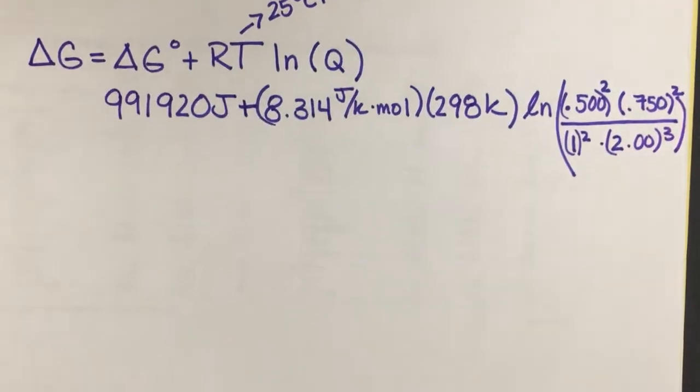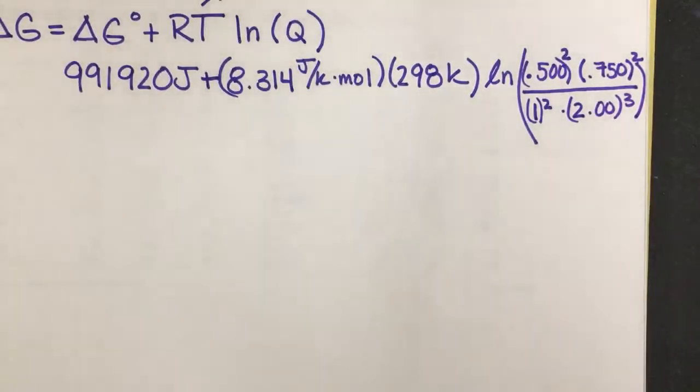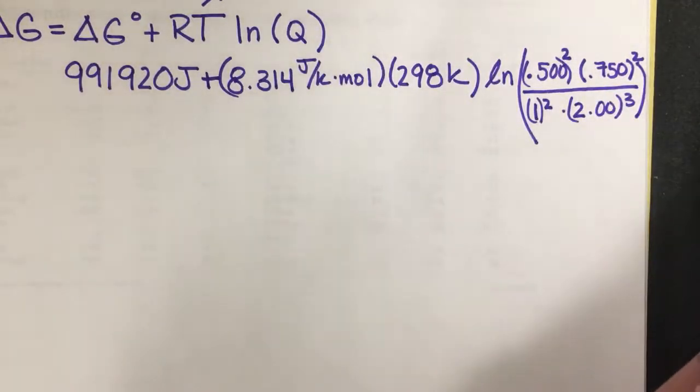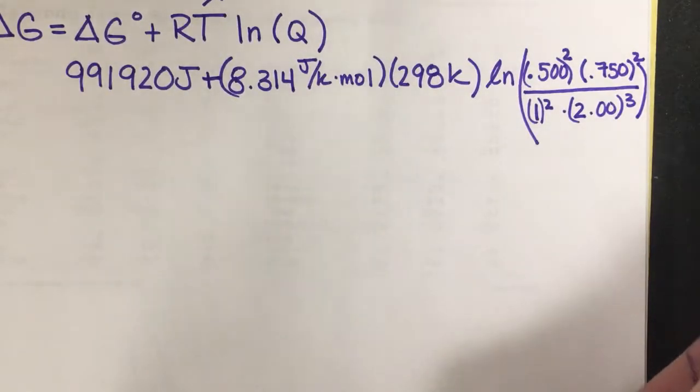Okay. Now at this point, all I have to do is start plugging things into my calculator. So I've got 0.5 squared times 0.750 squared divided by 2 squared times 2 cubed. I need to take the natural log of that.